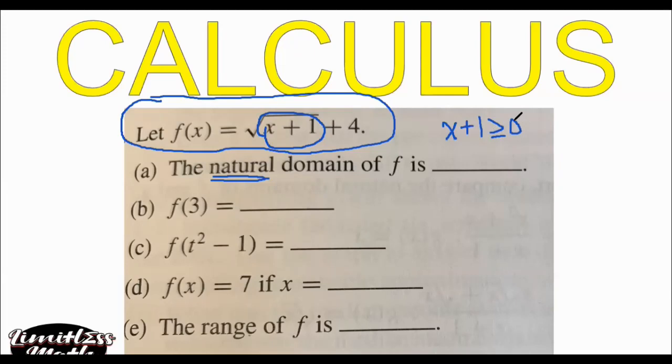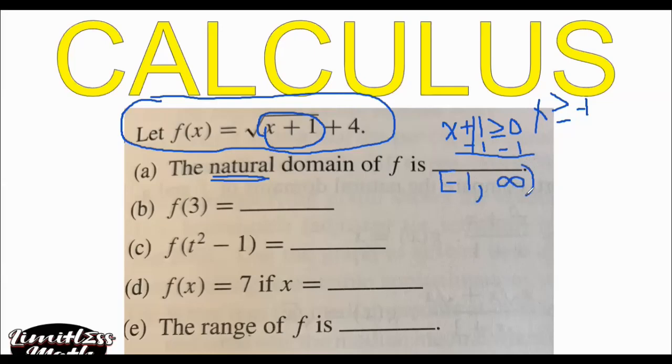We want the x values that guarantee the square root is defined. Subtracting 1 on both sides, x has to be greater than or equal to -1. We can write the domain this way, or in interval notation, including -1 and going all the way up to positive infinity.